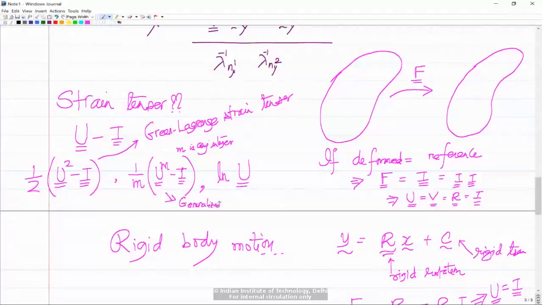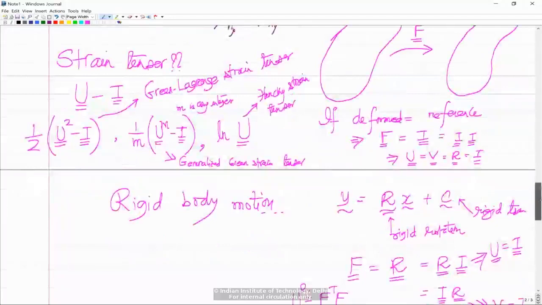In the book it says generalized Green strain tensor. Whereas this one, ln of u, is called the logarithmic strain tensor, or Hencky strain tensor. So these are just some names, and you'll find them being used in books.